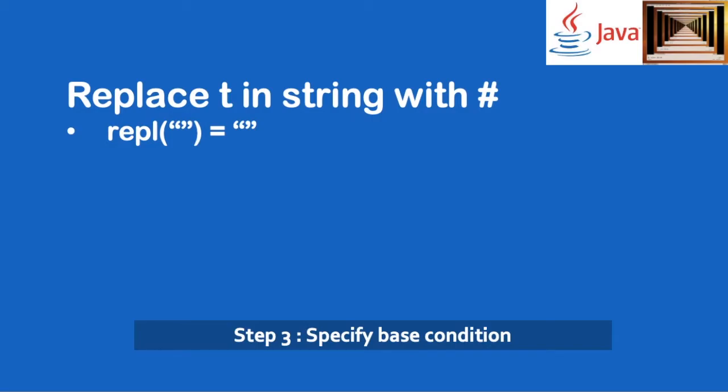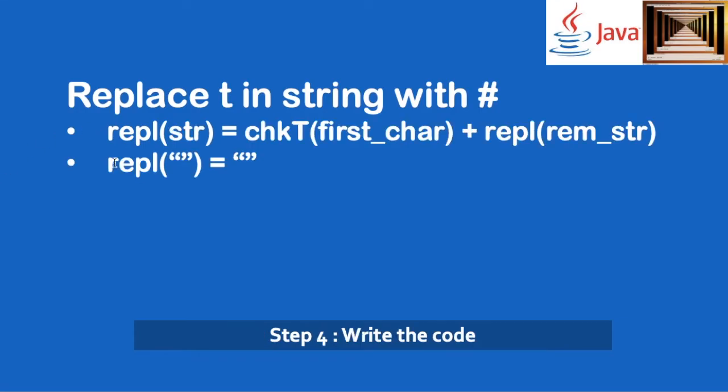And what's the base condition? For an empty string, there is no need to replace. So replace of an empty string is an empty string. So these are our two main things that we have found out. So now that we know that, we can just go ahead and write our code.